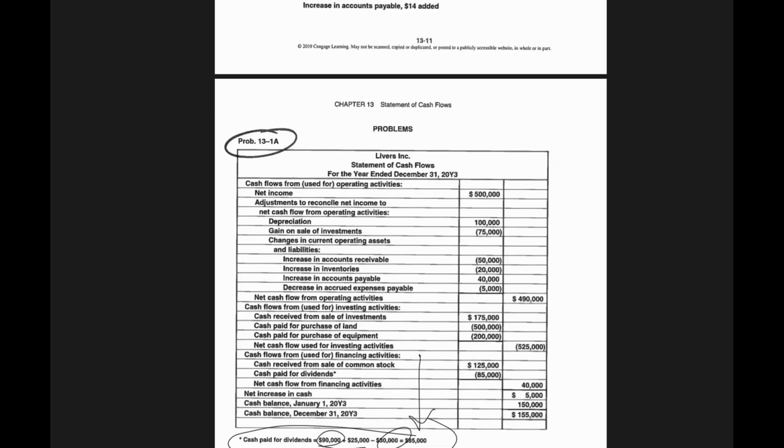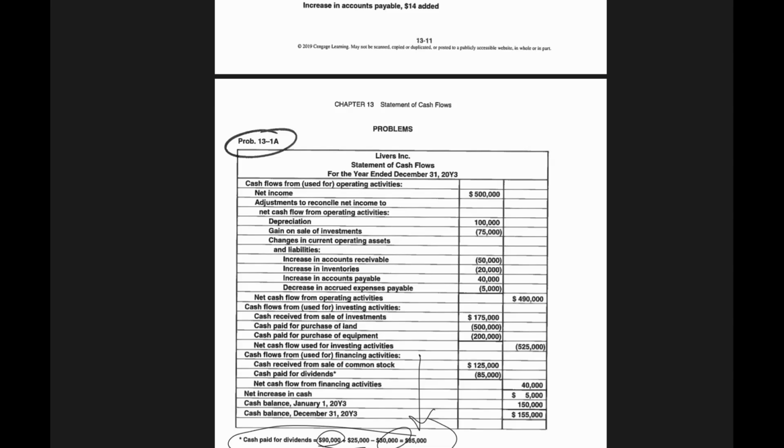So our net dividends paid is $85,000. It's really the only difference between these two problems. I would try to solve this one first on your own on a separate sheet of paper, and then come back and look at this and see how did you do. It's virtually the same problem that we did, just different amounts.